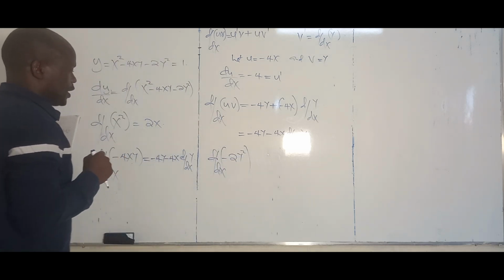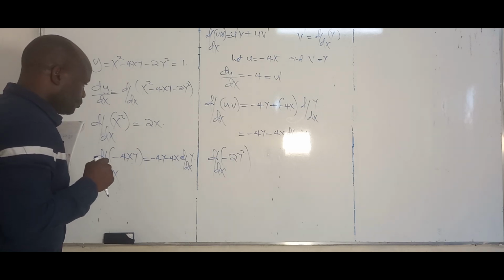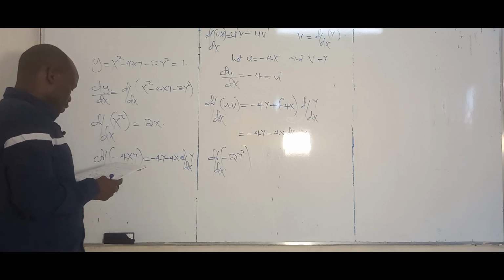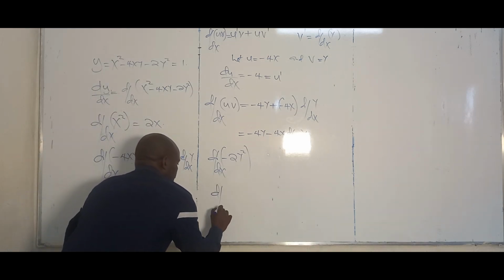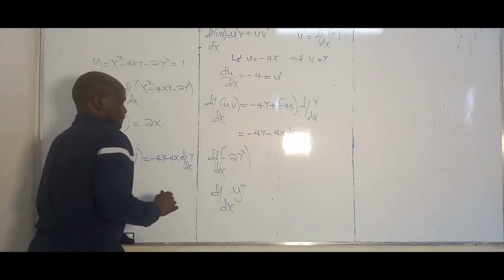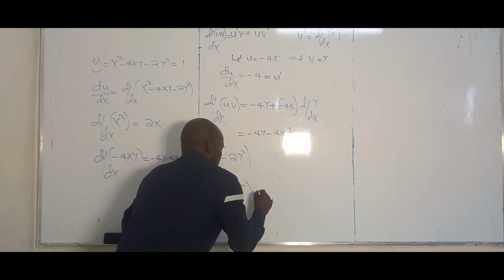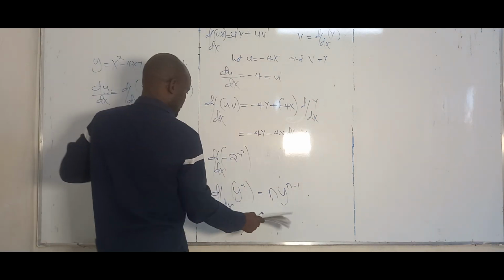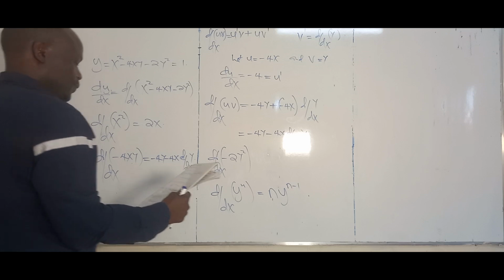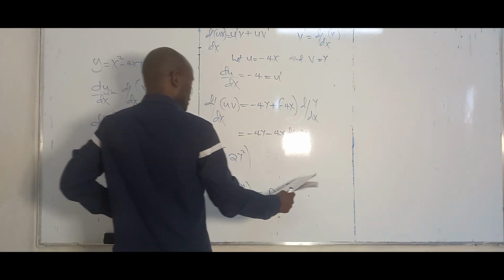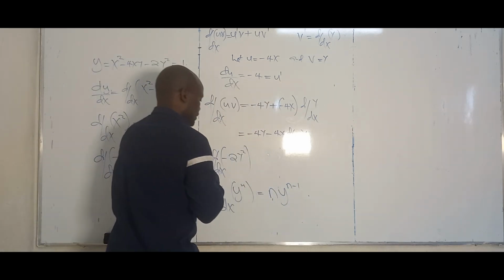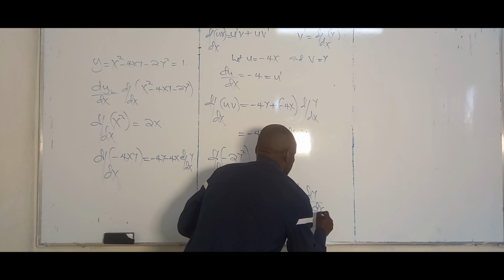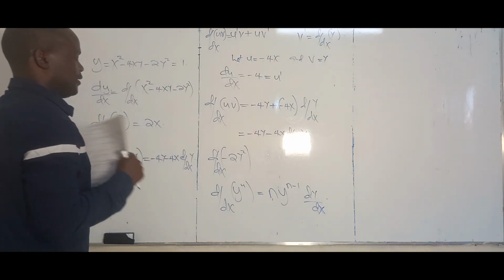Here we have to apply the chain rule, which says that if you have d/dx of y raised to power n, then this is n y raised to power n minus 1 times dy/dx.